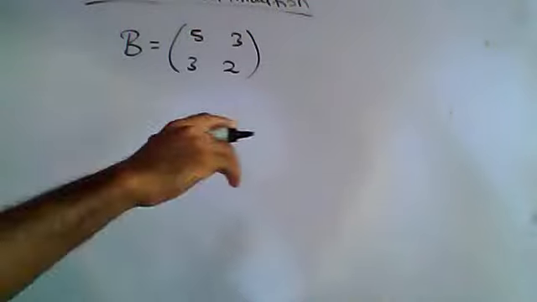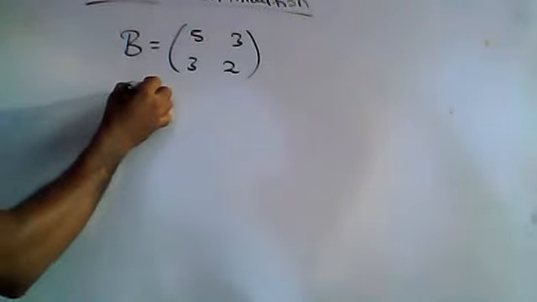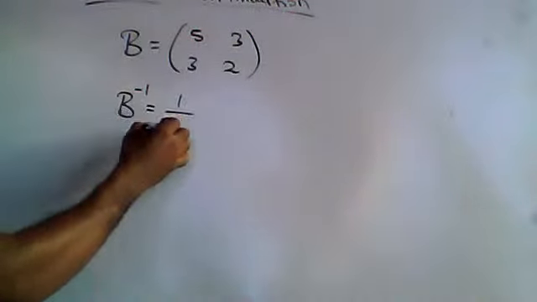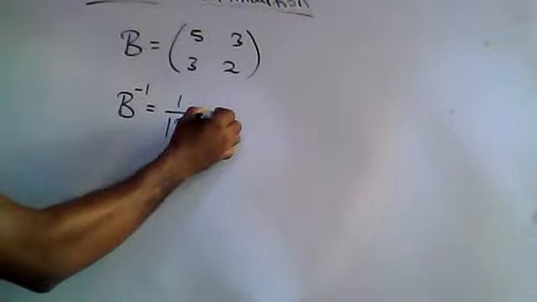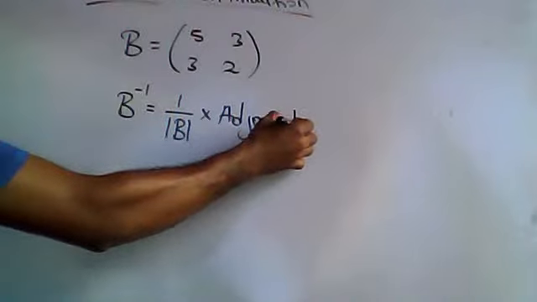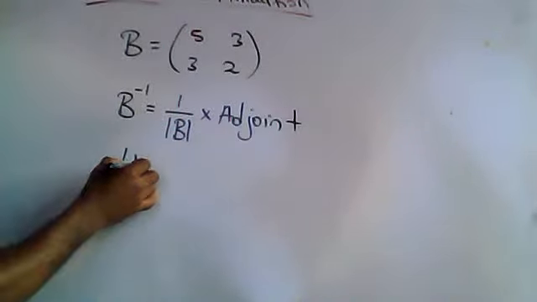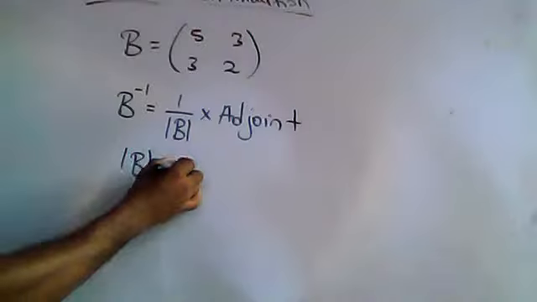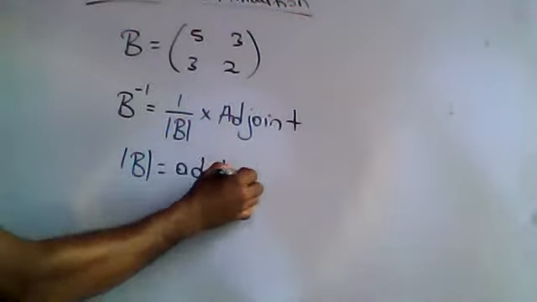So the next question we have is B inverse, where matrix B is 5, 3, 3, and 2. To determine B inverse, remember the inverse of a matrix is equal to 1 over its determinant multiplied by its adjoint. So the first thing we have to find is the determinant of B, which is AD minus BC.